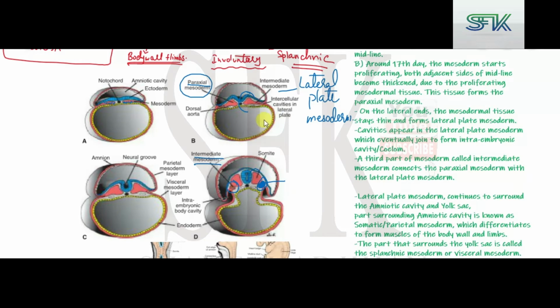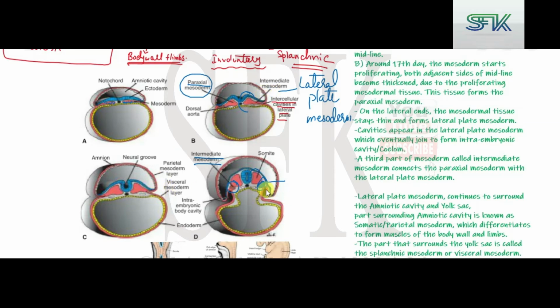These small intercellular cavities appear in the lateral plate mesoderm, then join together and form a larger cavity, which divides the lateral plate mesoderm into two parts.